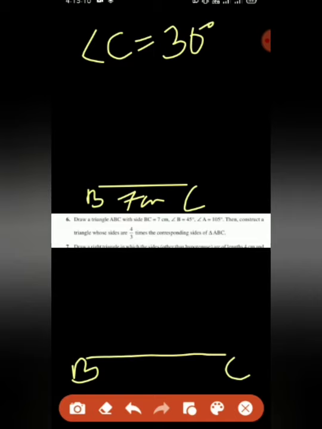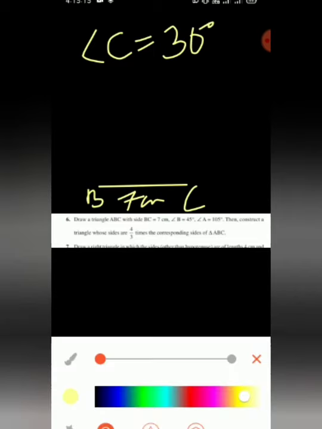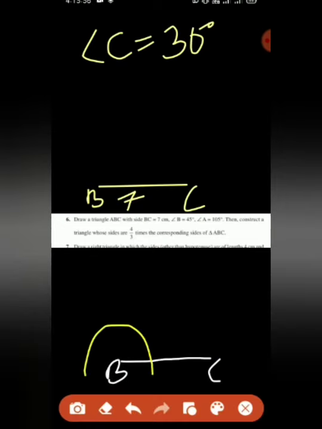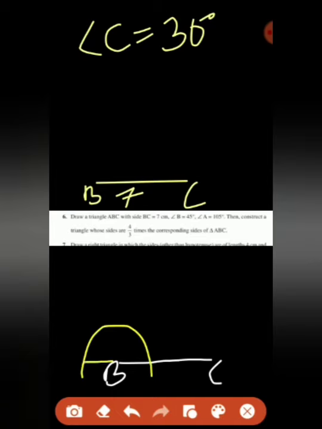Now to make B 45 degrees, I will make an arc by keeping the tip of the compass at point B like this. Extend your line BC like this.